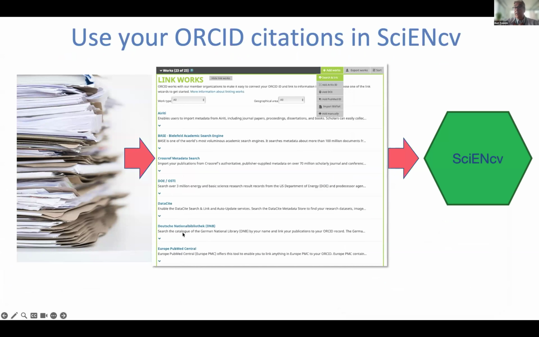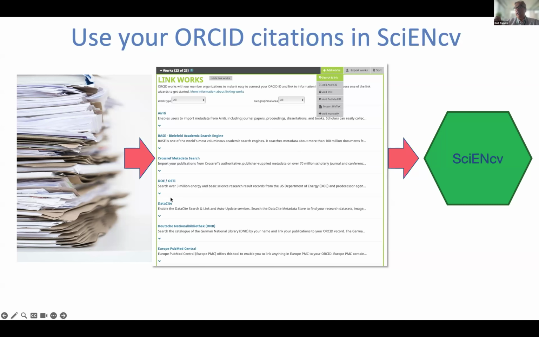Here at the National Library of Medicine, we run PubMed, which is great for scientists that publish in the life sciences, but there are many other types of science journals that PubMed doesn't cover. And ORCID is looking for your identifier in these other citation databases.